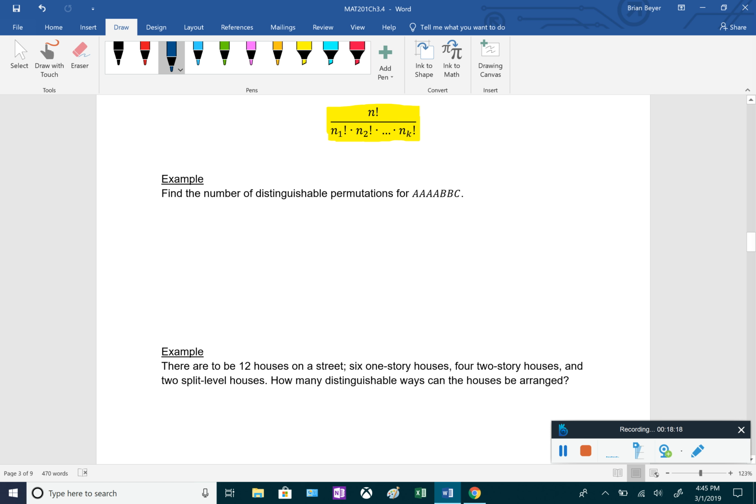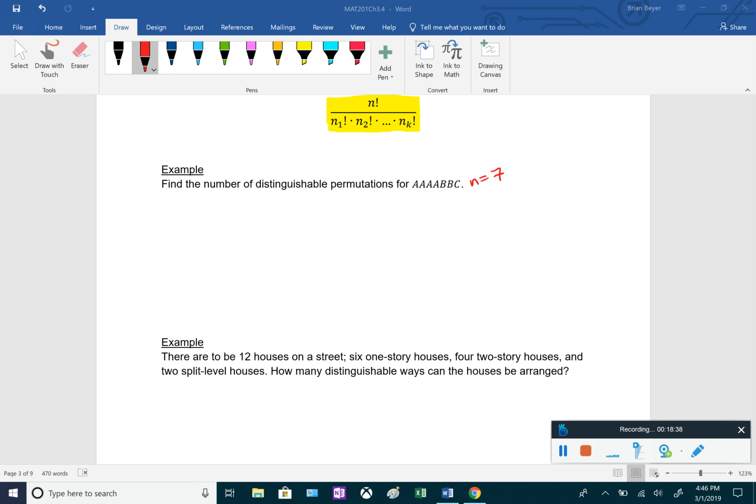So let's find the number of distinguishable permutations for A, A, A, A, B, B, and C. So first, I'm going to just count how many objects we have. We have 7. So n equals 7. So using this formula, we have 3 different types of objects. We have A's, we have B's, and we have C's.